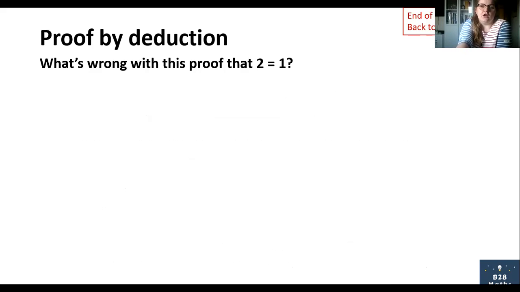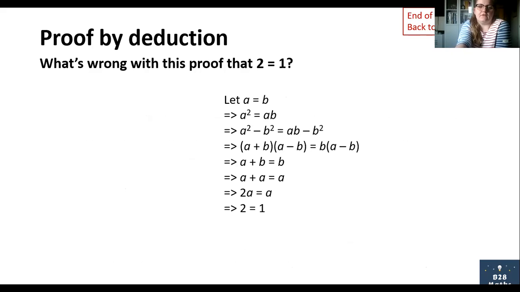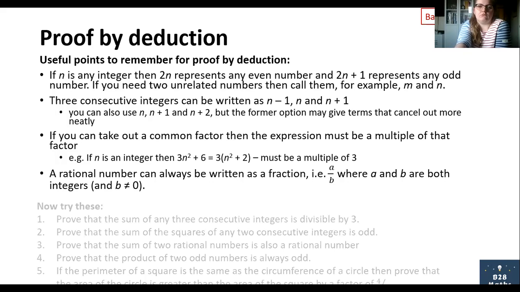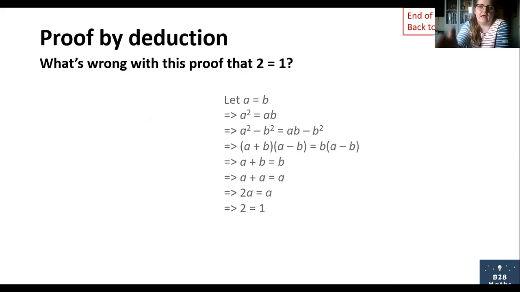Proof by deduction. What's wrong with this proof that 2 equals 1? Okay, so if we were going to do this, we would have a equals b. Therefore, a squared equals ab.